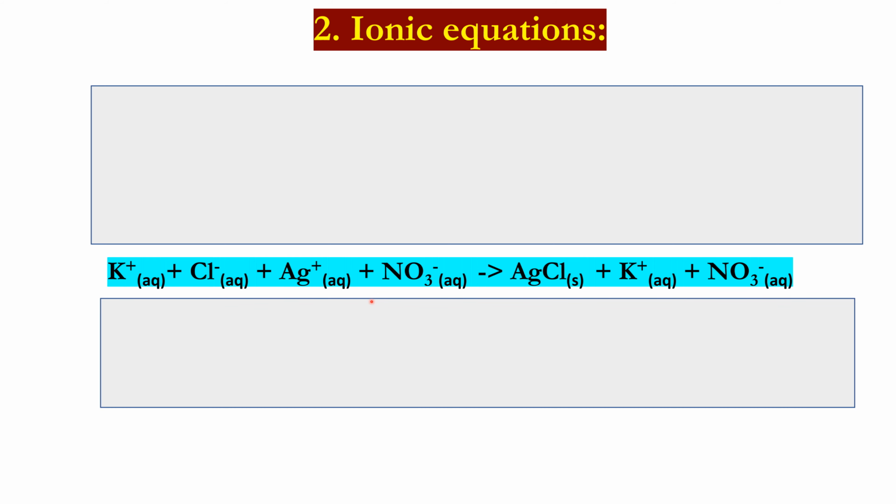Silver nitrate is soluble in water, so it separates into its positive and negative ions. Silver chloride is solid. Because it is solid, it is insoluble in water, so it cannot separate into its positive and negative ions. Potassium nitrate is soluble in water. Because it is soluble, it separates into its positive K+ and negative ions.